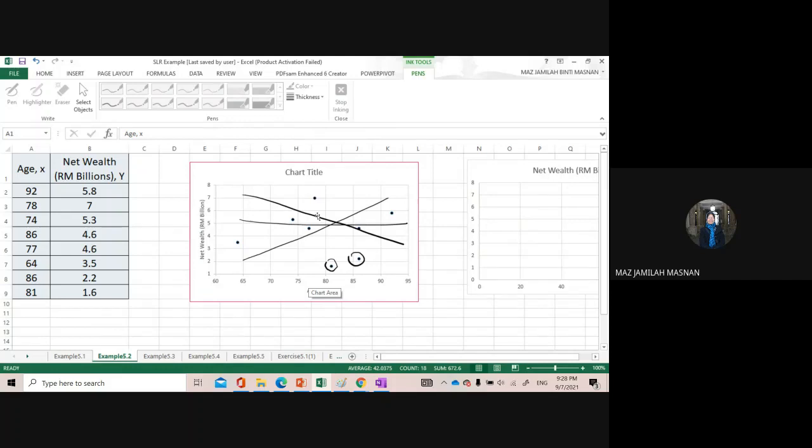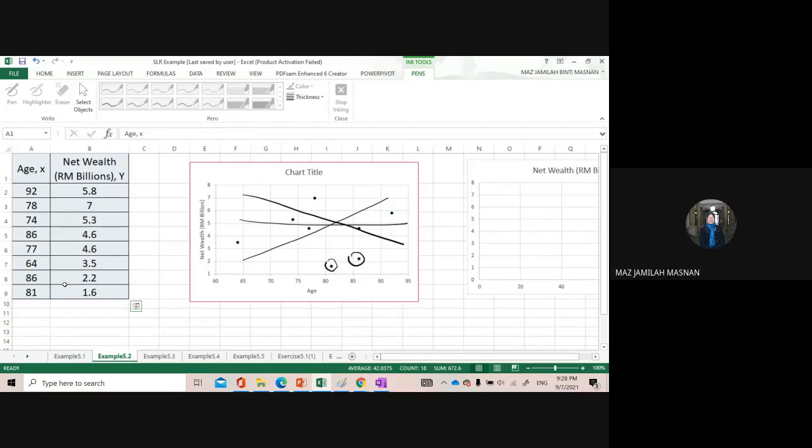So we cannot say as x increases, y also increases, because somehow your data shows, for example, x increases and y decreases.